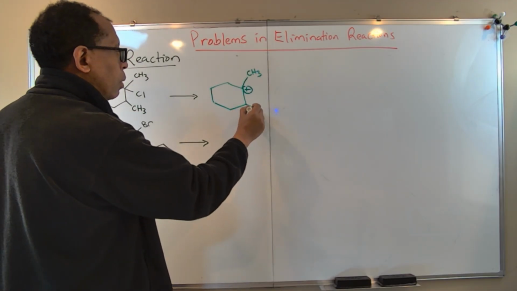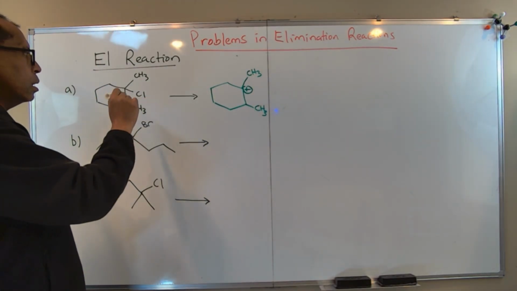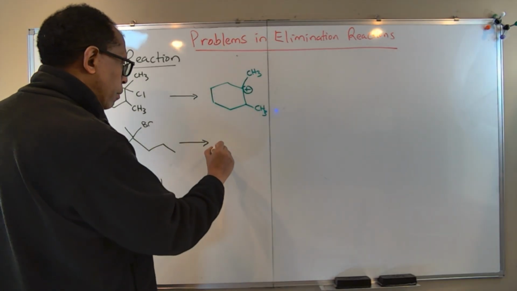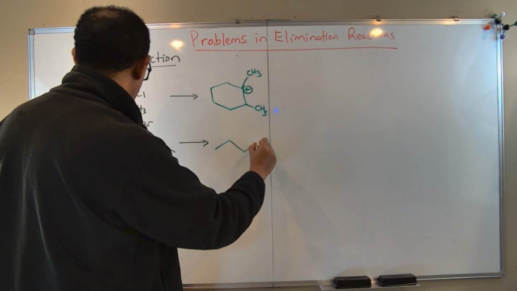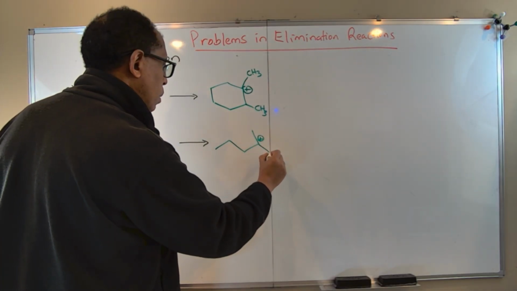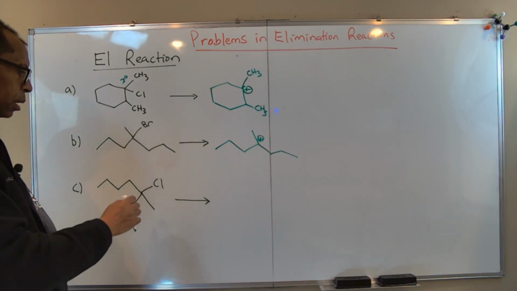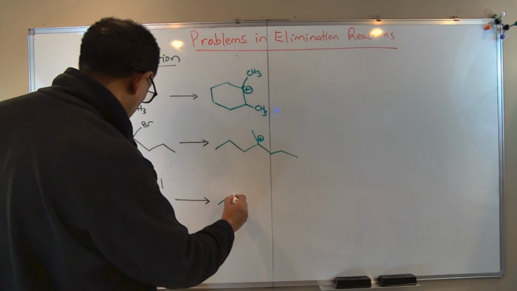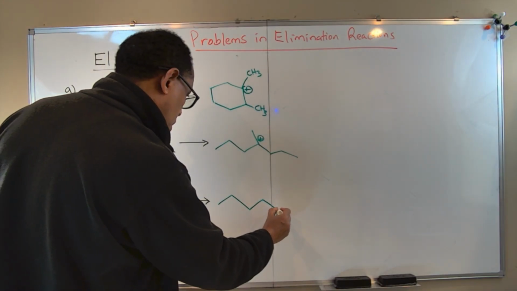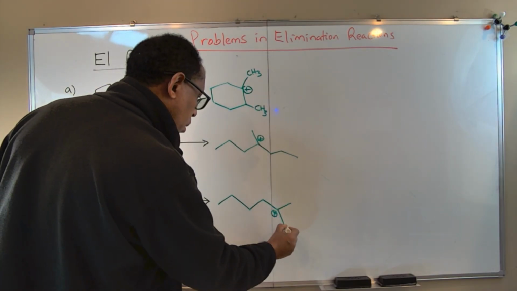So this is how it looks. That carbocation is tertiary, so it makes sense that it goes through an E1 mechanism. Here for this one, we have a carbocation, which is tertiary as well. Here for this one, we have two methyl groups.